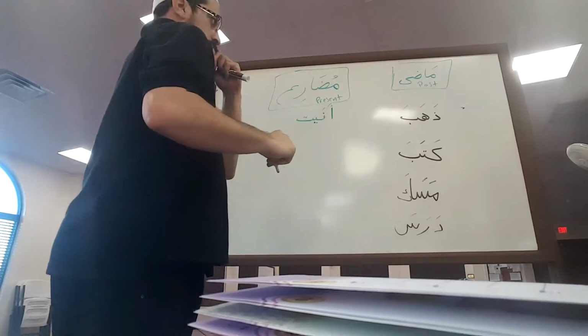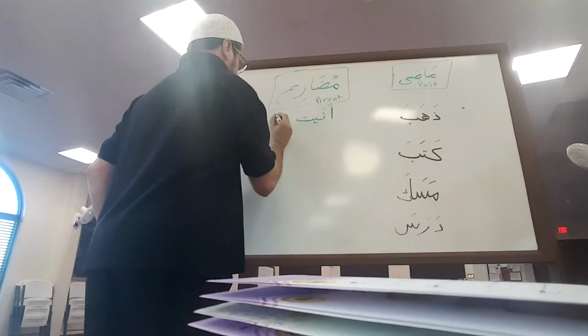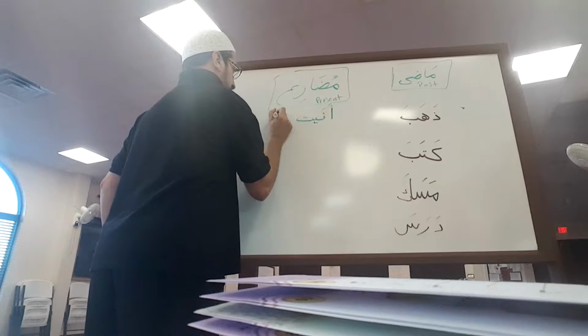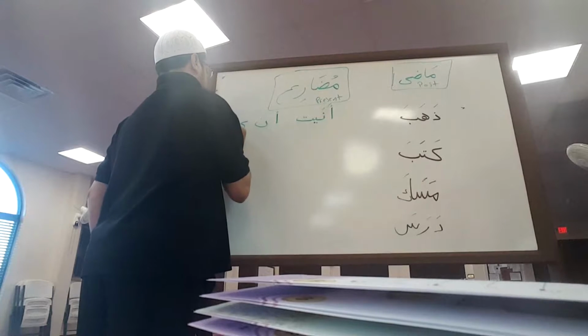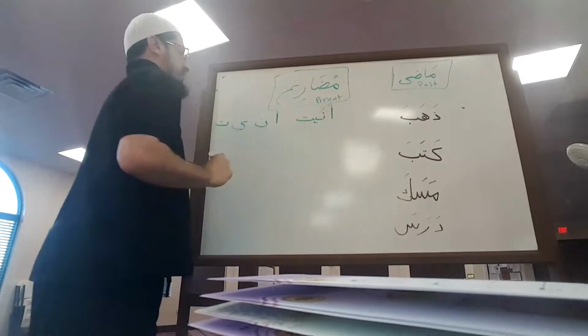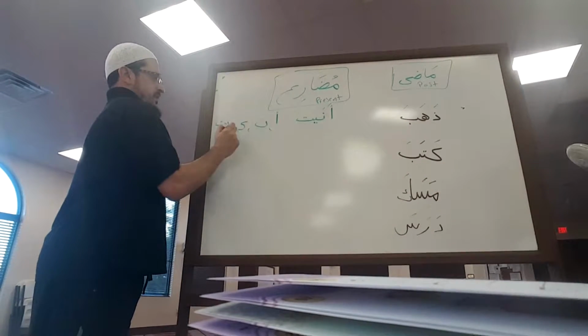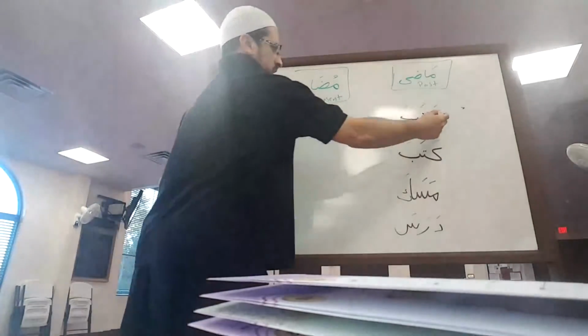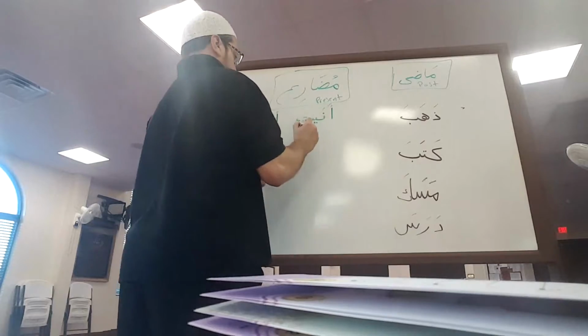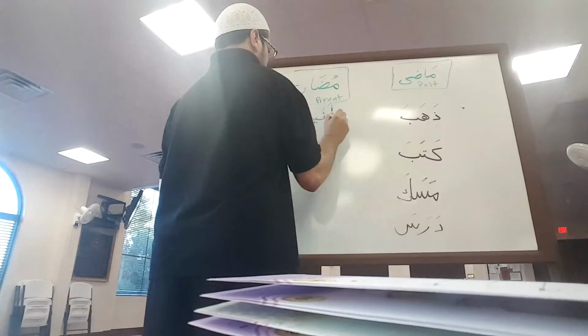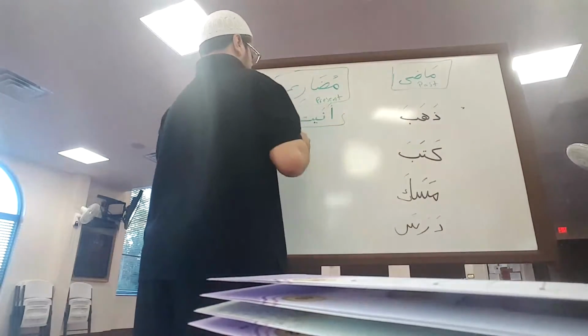These are the four letters, which are alif, noon, ya, ta. These four letters go in the beginning of the verb. Okay?